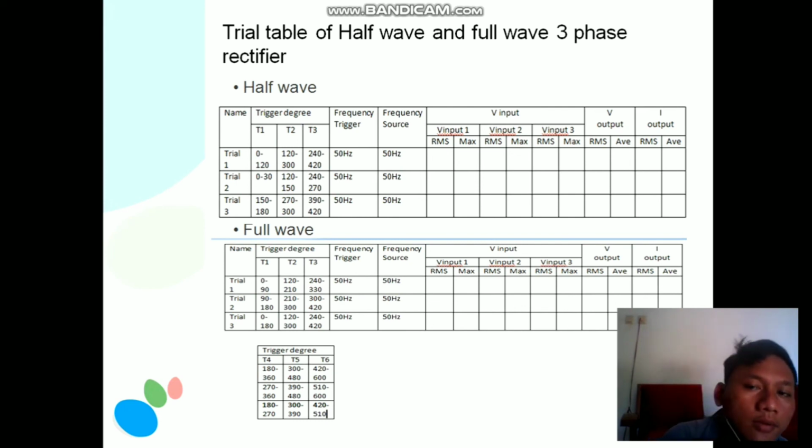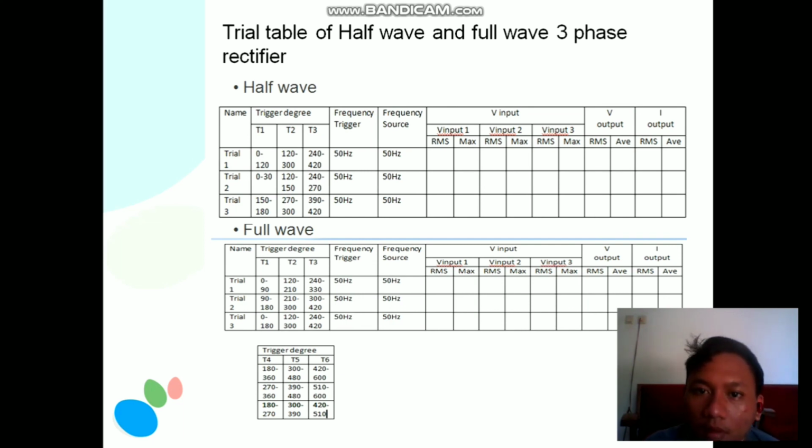And then we move to the trial table of the half wave and full wave three-phase rectifier. This is the picture of the trial table, used if you want to find the result from this circuit. There are trigger degrees T1, T2, T3, and RMS; in V input there are RMS and max; in V output there are RMS and average; and in I output there are RMS and average.